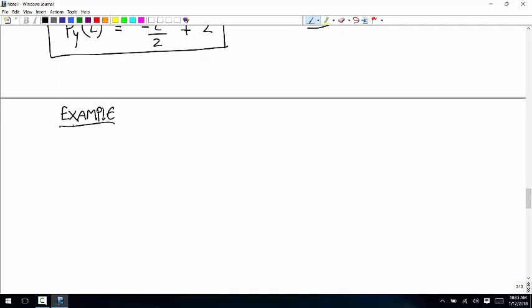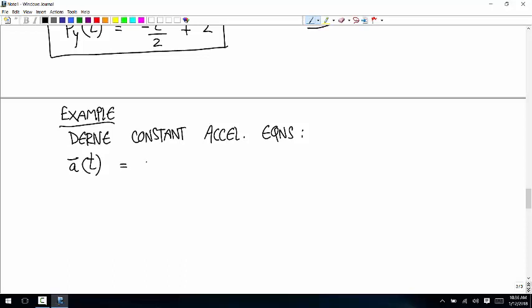I think this is something that you have to do in the homework problems, but the equations that you used probably pretty often in physics 1 are for constant acceleration. I'm not going to go through all of these, but to derive the constant acceleration equations, you start with the acceleration as a function of time equal to just constants.